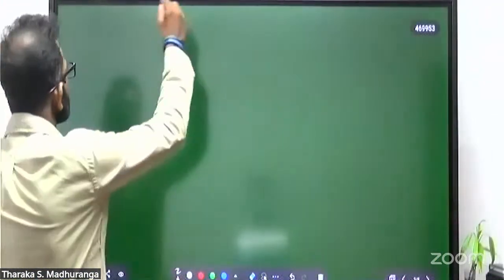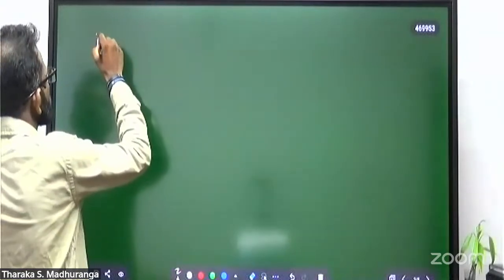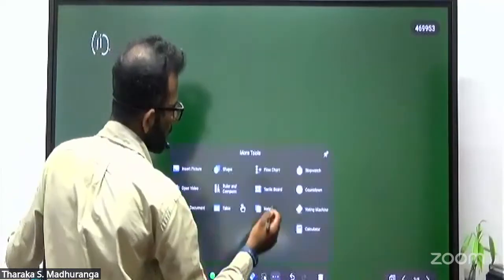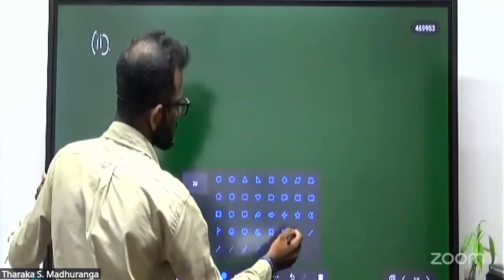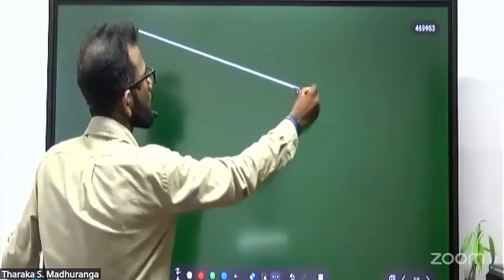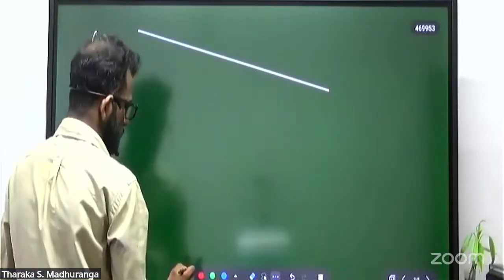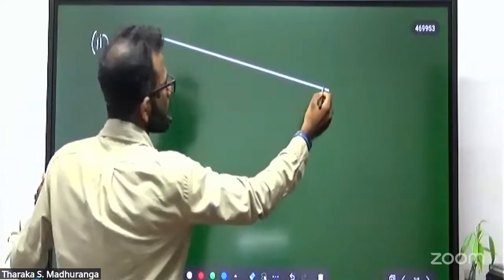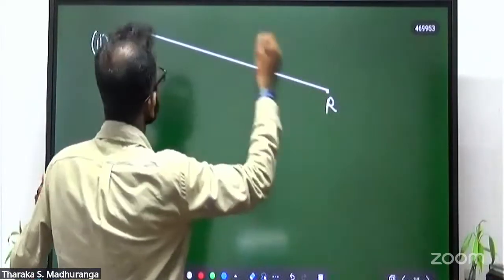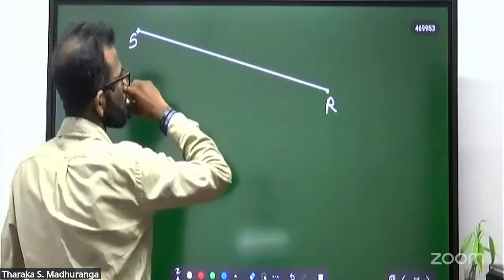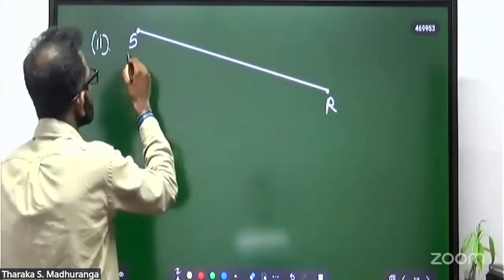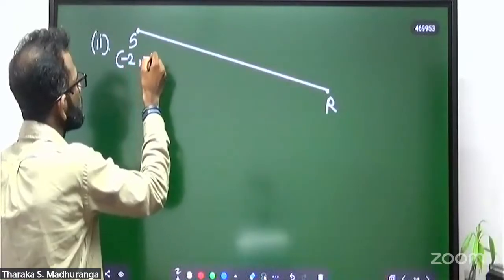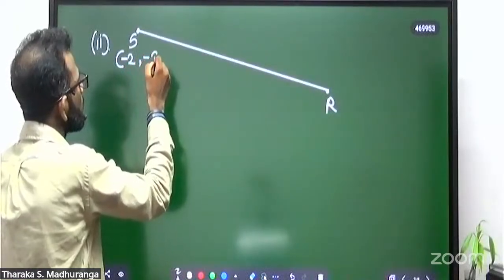Okay, final question for today. Question number 2. This is S and this is R. The S coordinates are -2, -8.